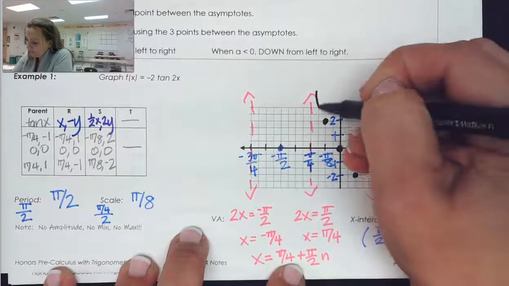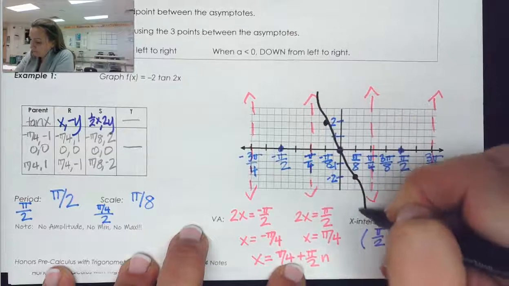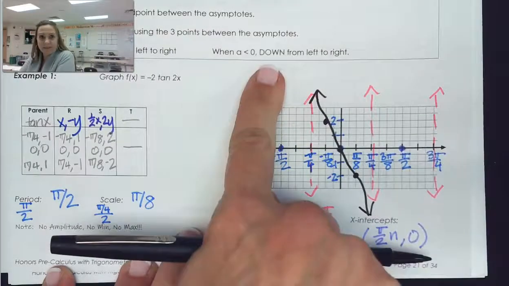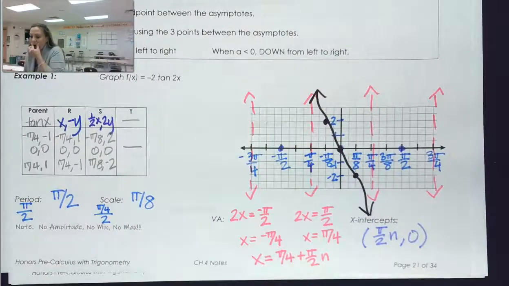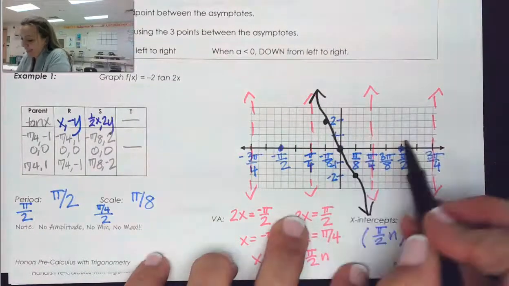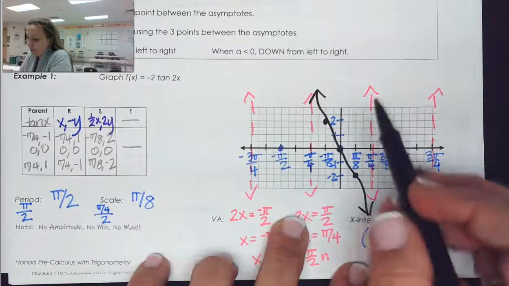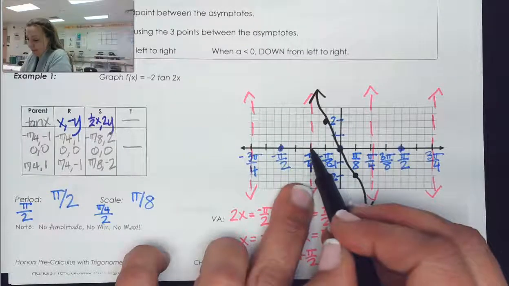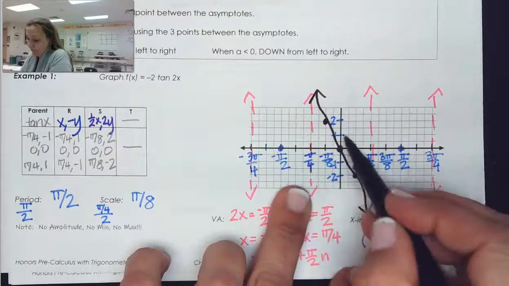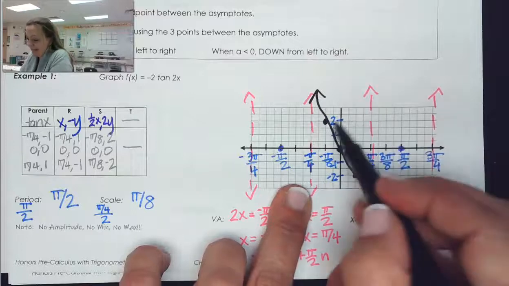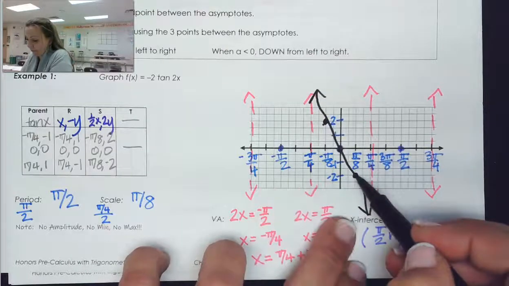So notice this one is going down from left to right, which makes sense based on what we were told here. And again, you're just going to repeat that pattern. So from the asymptote going right, we went from positive 2 to 0 to negative 2.